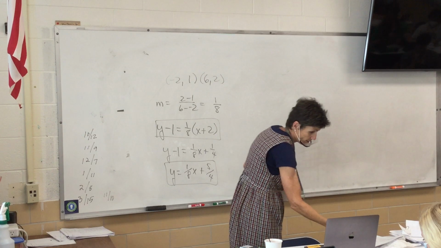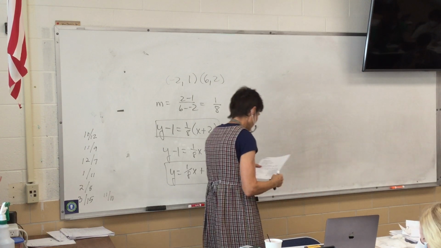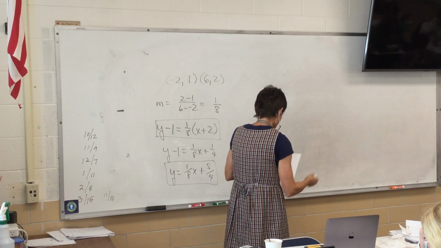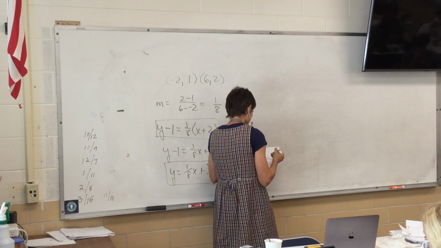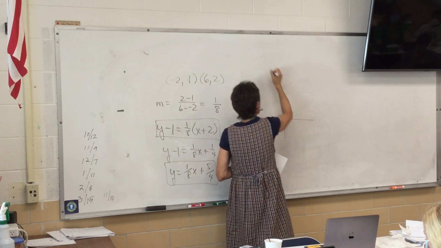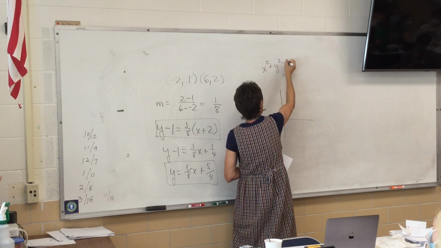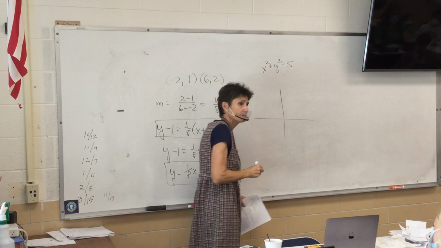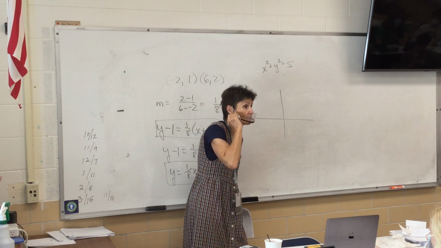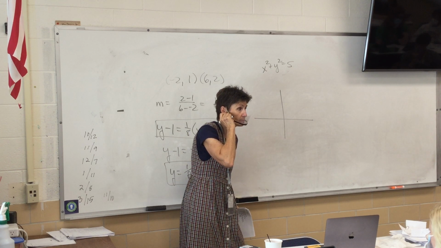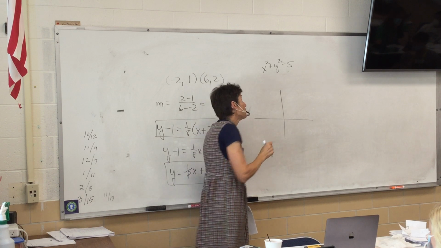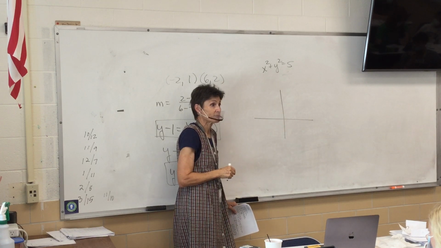Okay. Write the equation of the line tangent to this at the point. Okay, wait a second. What is x squared plus y squared equals 5? What is that? Oh, it kind of looks like a Pythagorean theorem situation.